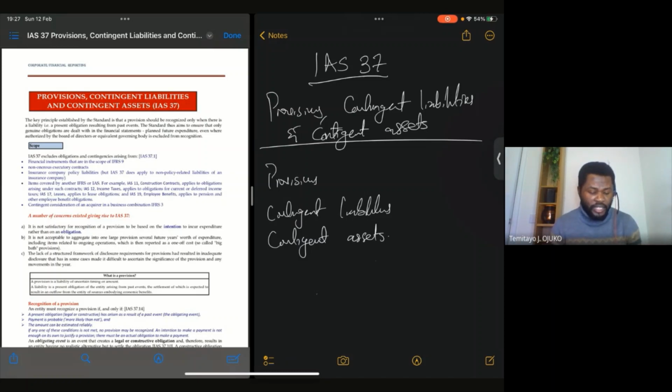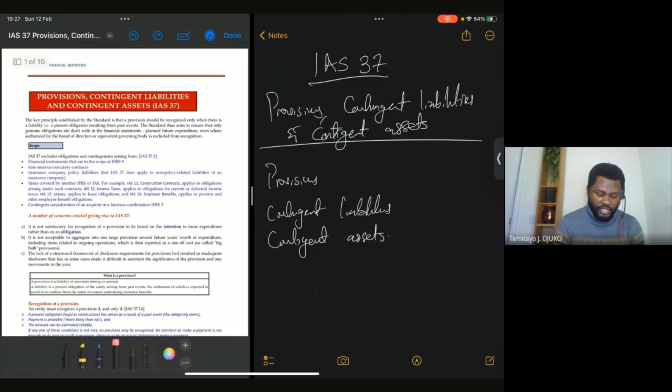As I was saying, the scope, IS 37 excludes obligations and contingencies arising from: one, financial instruments that are in the scope of IAS 39 and IFRS 9. It excludes it, so please take note of that.